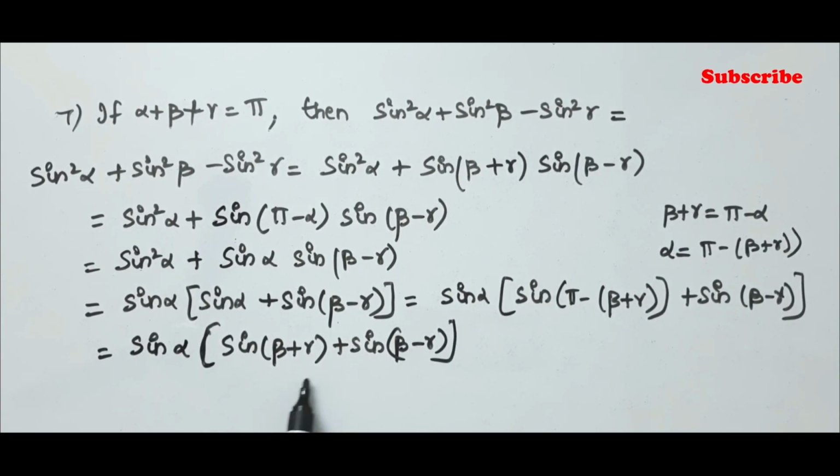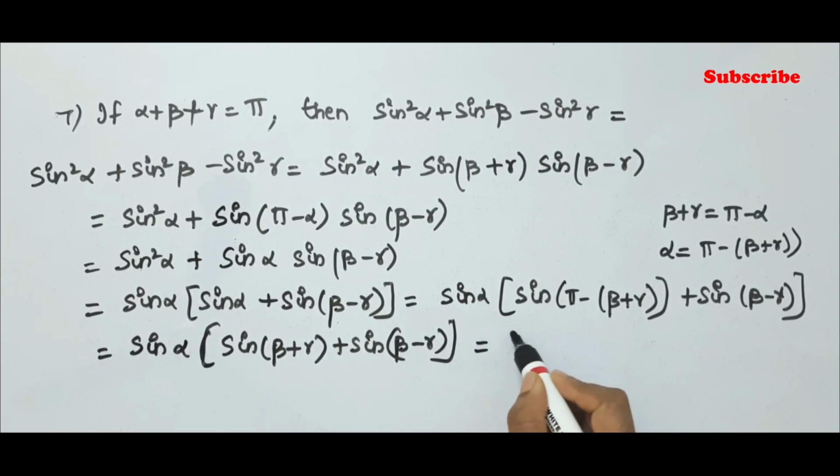This is of the form sin of a plus b and sin of a minus b, is it not? We know how this can be transformed: sin of beta plus gamma and sin of beta minus gamma, that is a sum of two sines, is it not? So we can express it as a product of sin and cos. So let us do it now.